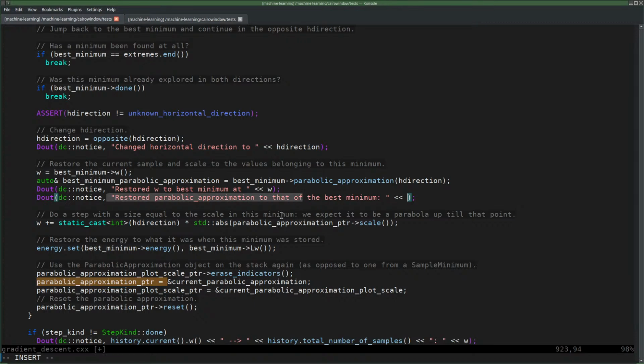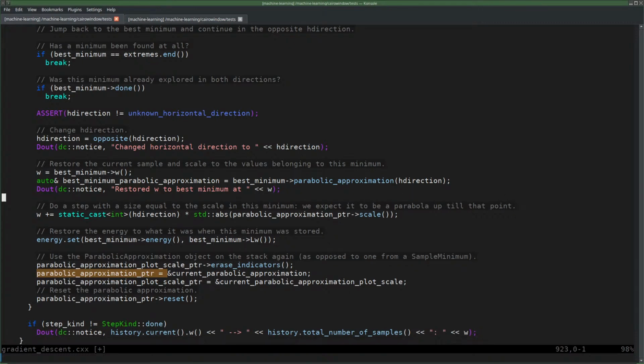And this is not true even. Not doing that. Do a step with the size equal to the scale in this minimum. We expect it to be a parabola up till that point. No, we don't. Because afterwards I completely switch again anyway.